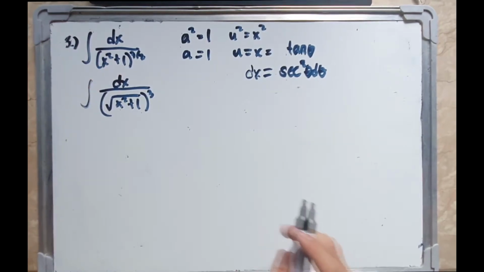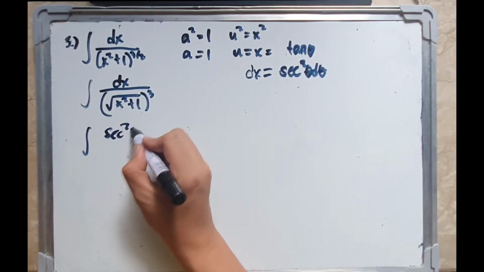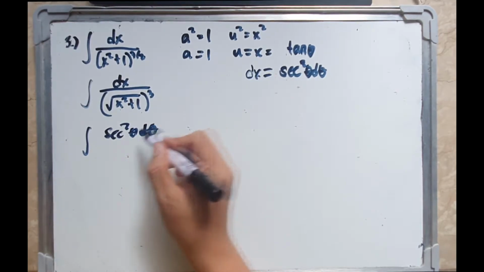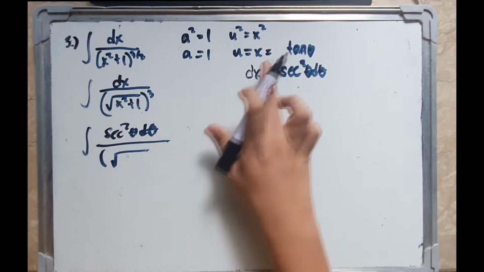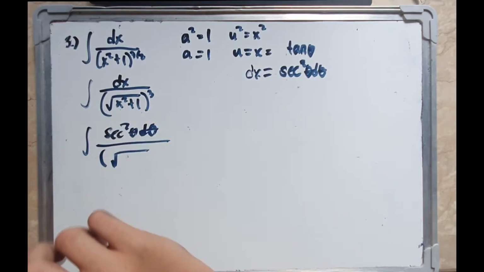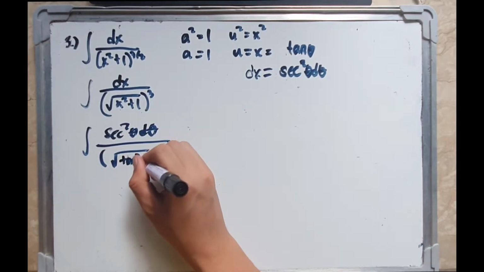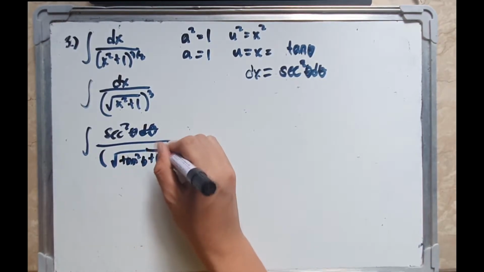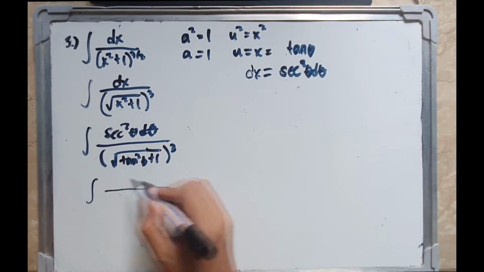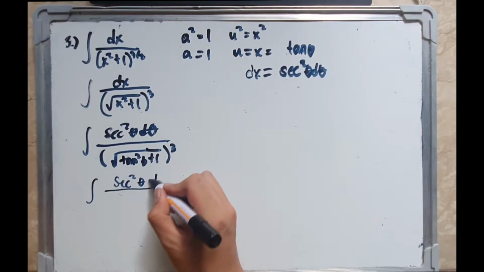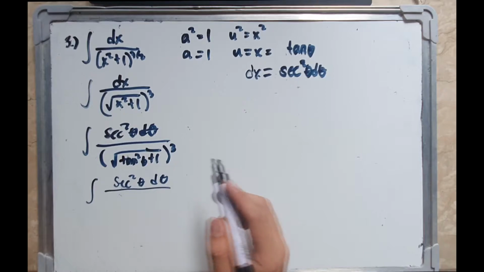Okay, so now let's have dx right here, secant squared theta d theta, over the square root of x squared, so we have tangent squared theta plus 1, raised to 3. Secant squared theta d theta, the square root of tangent squared theta plus 1 is equivalent to secant.